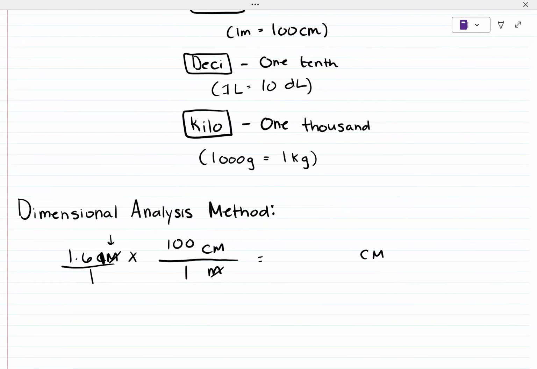It's going to be 1.6 times 100. This 1.6 originally didn't have anything on the bottom, but it does. It's just an invisible one. If you have nothing in the denominator, it's just a 1. And 1 times 1 is 1. So what's 1.6 times 100 over 1? You said it, 160 centimeters.